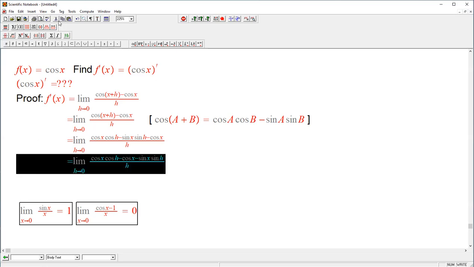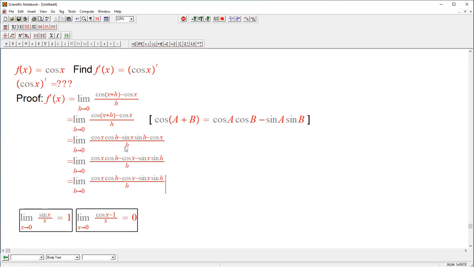Now we're going to organize our terms. Cosine x is factored out, we put it outside, and the next one, we'll put sine x outside.